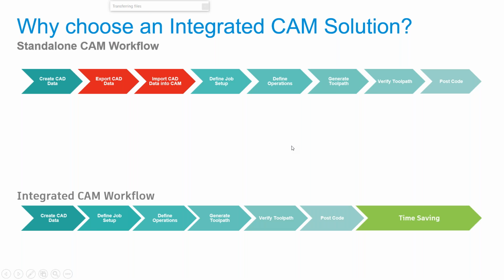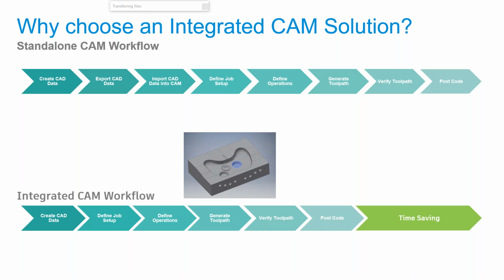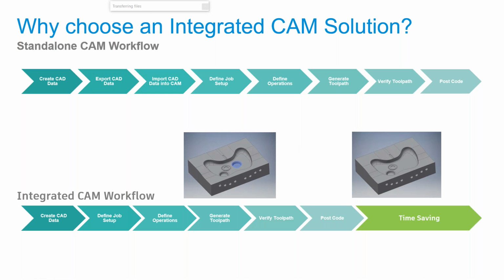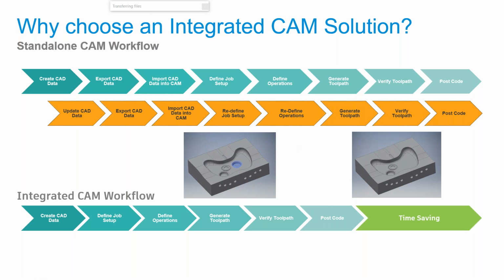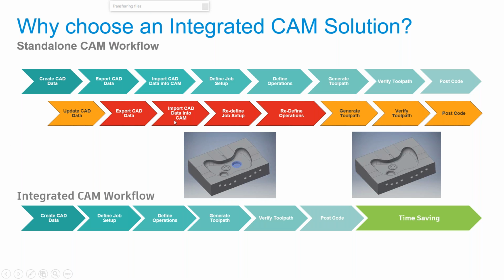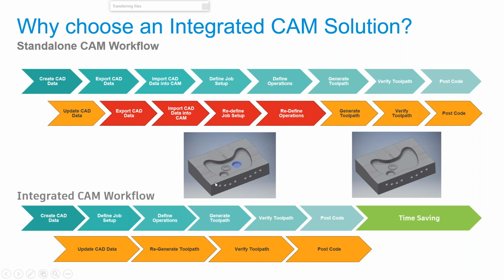As against that, when we do the same thing in an integrated CAM workflow, we totally eliminate the steps of having to redefine the operation. I don't need to redefine my operations every time my part is changed. I simply update my CAD data; rather, that's an automatic process because we are in the same environment.